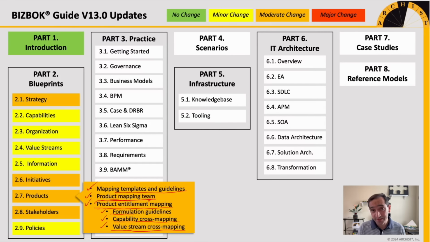And the product entitlement element is closely aligned to the concept of customer service in the day-to-day operations of the business.